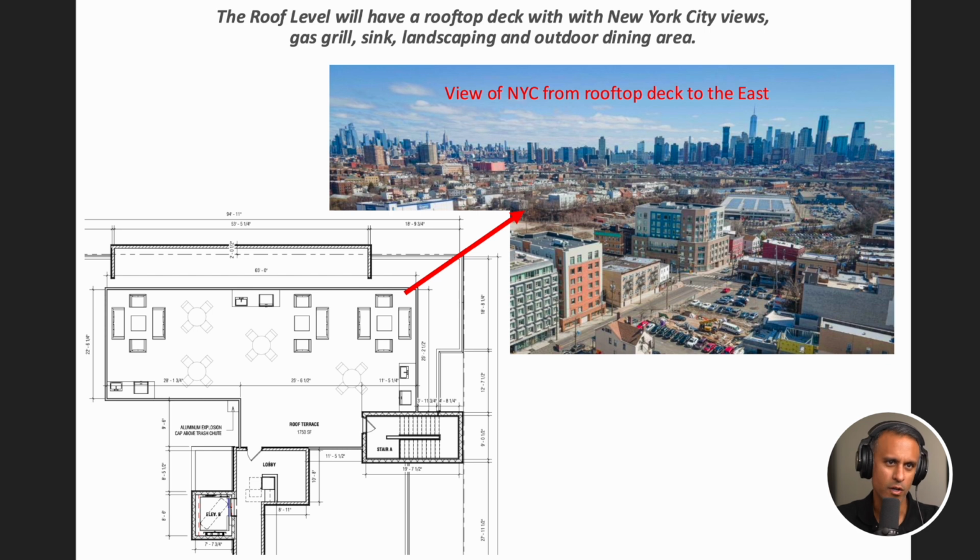And then in our case, we also have a common area rooftop deck. And so this is meant to help people visualize what that view might look like from that deck. How big the deck is, what are the features up there, how is it laid out. These amenities these days, at least in our market, have become really important.